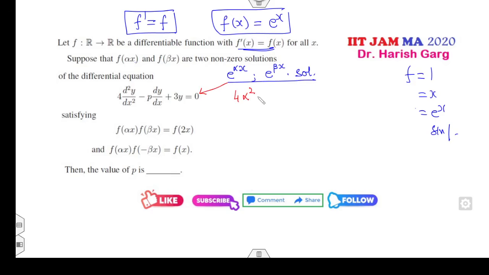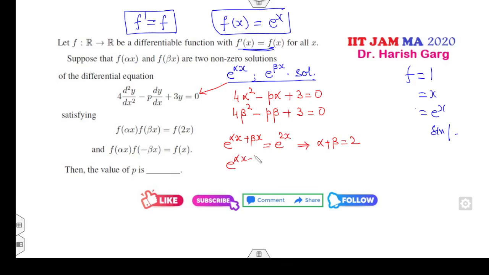So 4 alpha square minus p alpha plus 3 is equal to 0, and 4 beta square minus p beta plus 3 is equal to 0. Such that e raised to power alpha x times e raised to power beta x is equal to e raised to power 2x. What does it imply? Alpha plus beta will be 2, and e raised to power alpha x divided by e raised to power beta x is e raised to power x, which implies alpha minus beta is equal to 1.